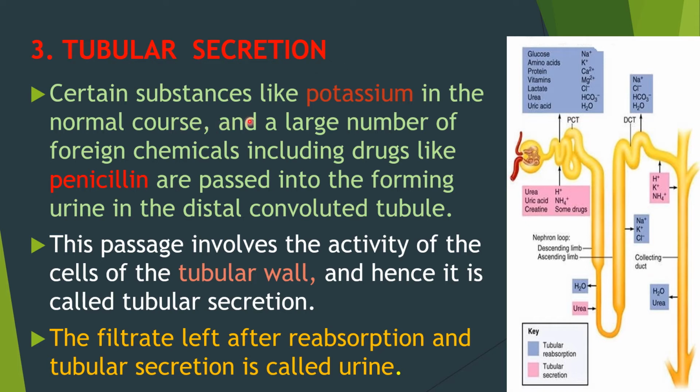Certain substances like potassium, and a larger number of foreign chemicals including drugs like penicillin, are passed into the forming urine in the distal convoluted tubule. These are secreted by the cells present in the tubular wall. That's why it is called tubular secretion.